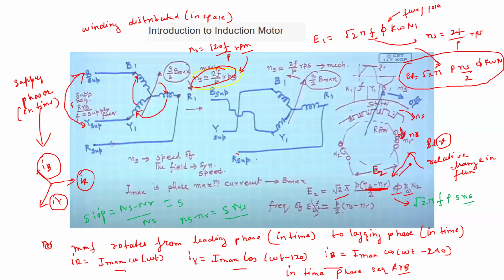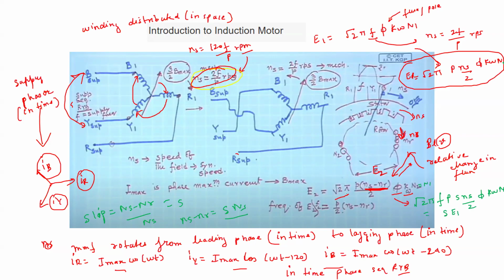sNs by 2 phi k omega, and let us say that N1 and N2, the turns in the stator and rotor, become the same. Let us say this is same as N1. So you can see that this is s into E1, slip times E1.